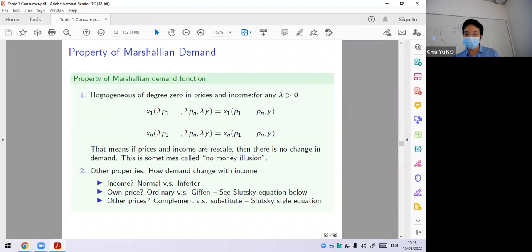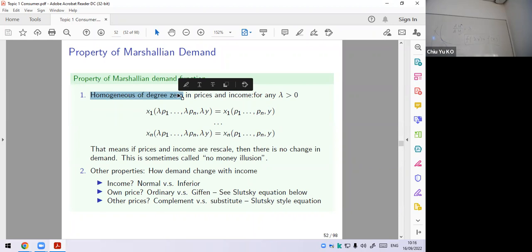And you can see from this what we call in mathematics homogeneous degree zero. In terms of math, it's just like this: x of lambda times p and m is x of p and m. And when we have this, according to the mathematician Euler, there are a lot of properties you can derive.